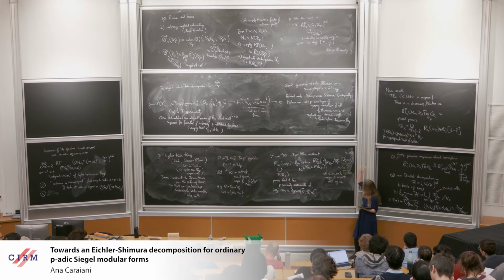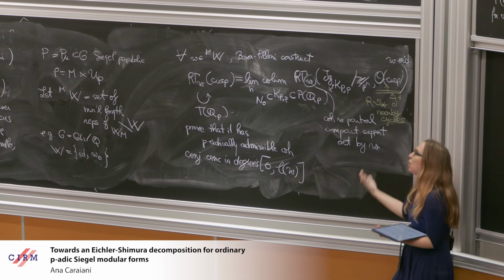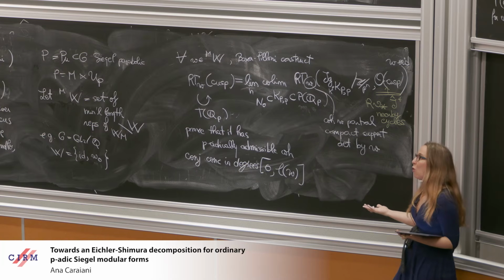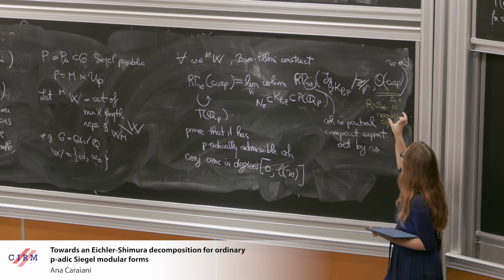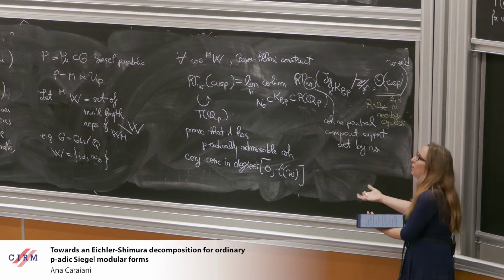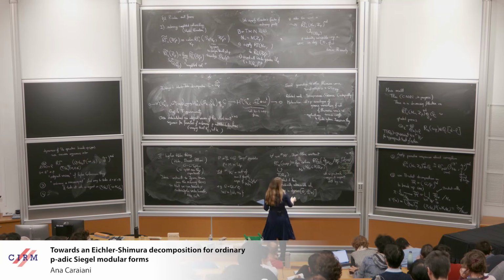So the next step is to show that when you take ordinary parts, a very big part of this sheaf just goes away. So ordinary parts kills most of the degrees of cohomology of this sheaf of nearby cycles. And in fact, it really just kind of doesn't kill one line bundle that's summand in degree, I think, LW.